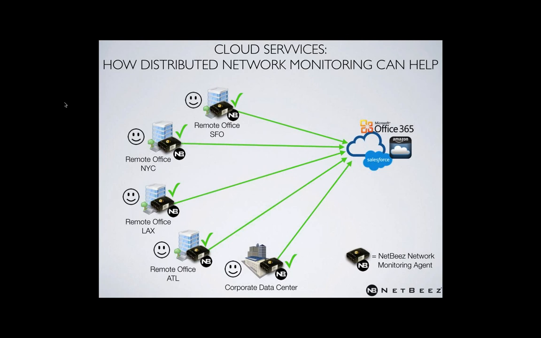With a traditional SNMP-based network monitoring solution that has a server only at the data center, we can only obtain information and performance from one point of view, which is the data center. This solution, unfortunately, doesn't give us any feedback about service performance as experienced by a remote user in San Francisco or New York City.